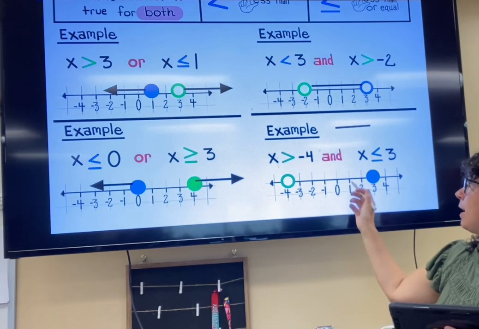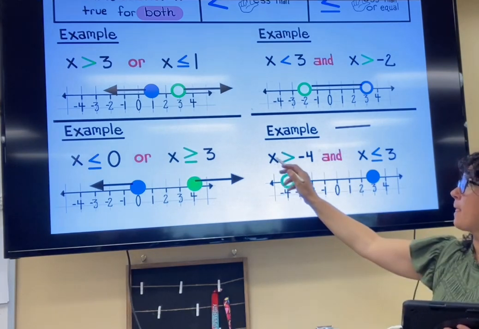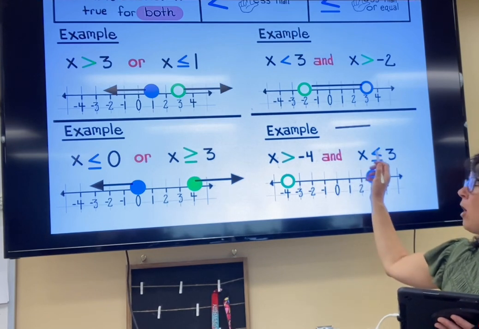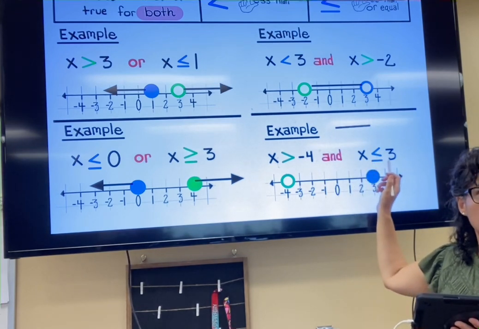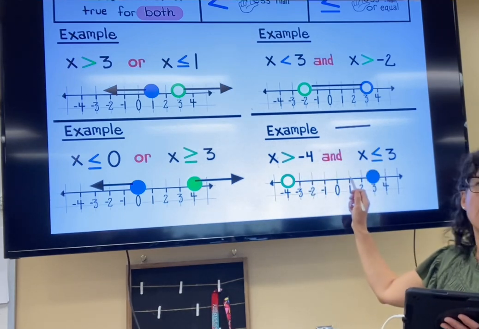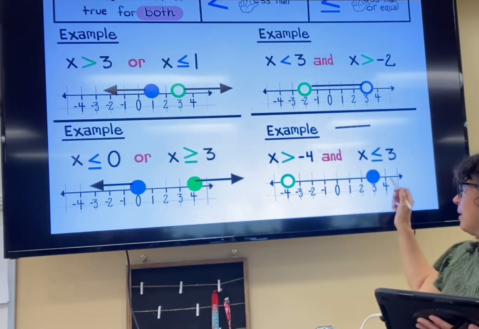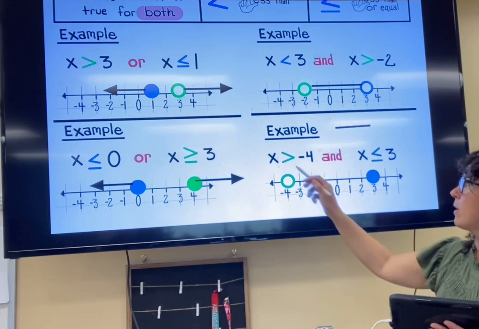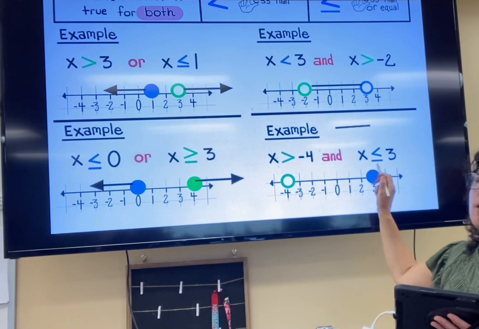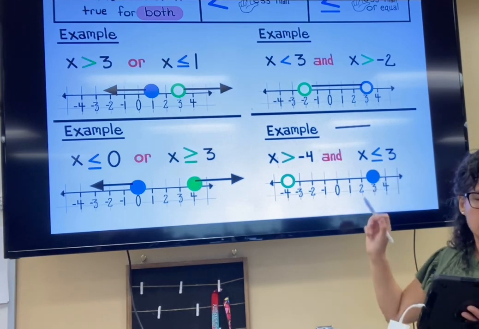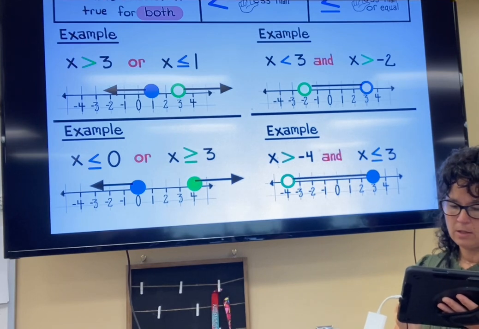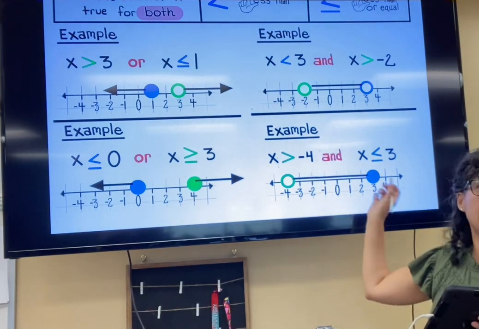So the number 1, for example, is bigger than -4, and the number 1 is smaller than or equal to 3. So 1 makes both of them true, so 1 is a part of the answer. But if I pick a number like 4, 4 is bigger than -4, but 4 is not smaller than or equal to 3. So again, the word and means it has to make both true. So all the numbers in between here make it true.